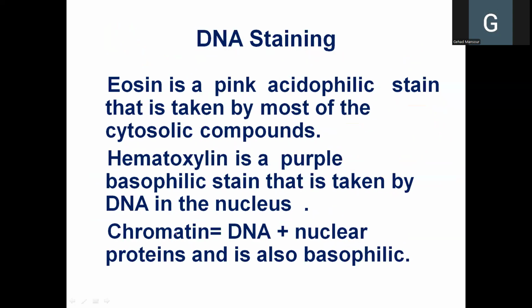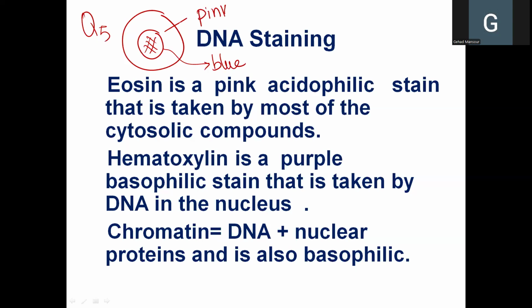And now, DNA staining, of course, as I said before several times, it might be a question. Question number 5: why does chromatin look blue and the cytosol around it look pink?